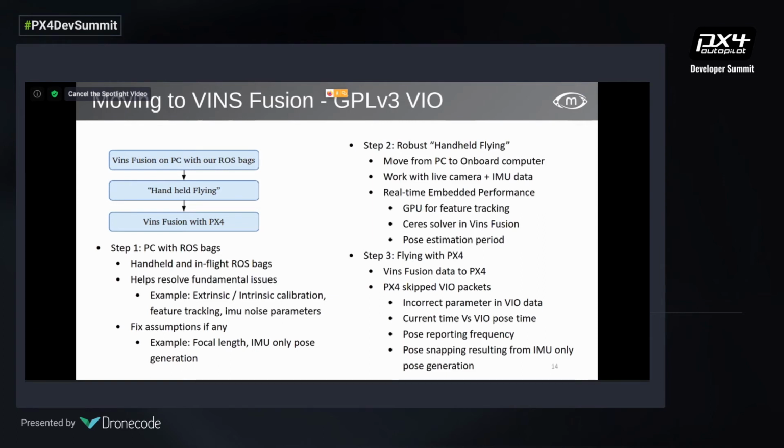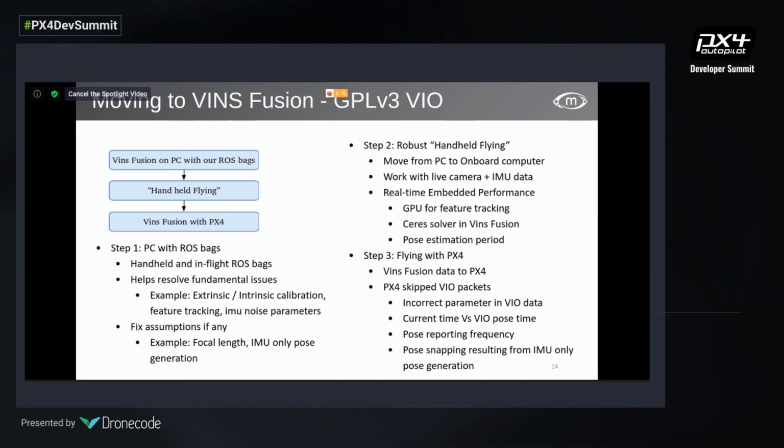The reason we took this approach was because it helps resolve a lot of fundamental issues like the extrinsic calibration, wherein you have to give the IMU to camera relationship, the intrinsic camera calibration, and feature tracking, as to how many features you want are good enough, or what should the distance be between features, and anything that will help you get good feature tracking.